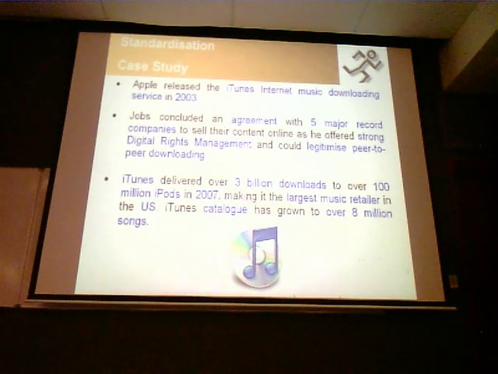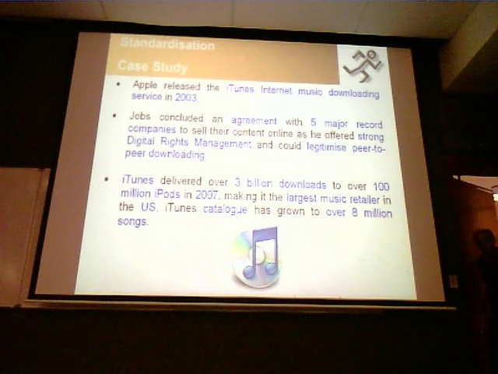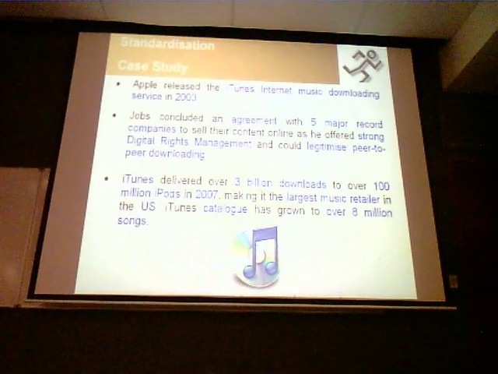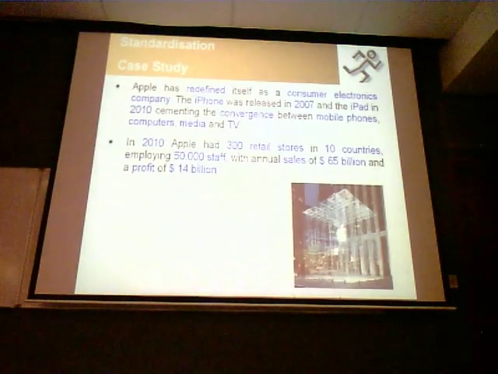He went to the major recording labels and he said, I'm impartial and I've got very good peer-to-peer, very good security, digital rights management, and he managed to talk them all into giving him access to their songs. So he was the neutral body and that was his success. Anyway, he's got a catalogue of about 8 million songs and he's the #1 music distributor in the US.